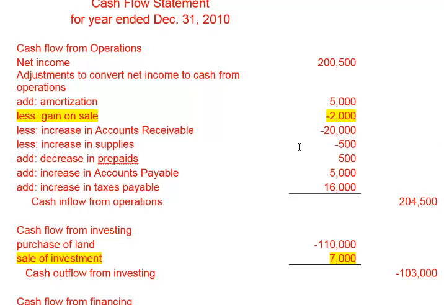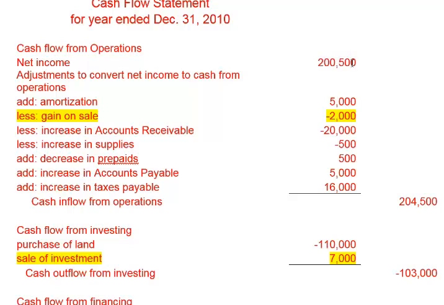Why? Our receivables increased because we sold more to our customers on credit by debiting receivables and crediting sales revenue. It's that sales revenue that shows up in this net income amount.